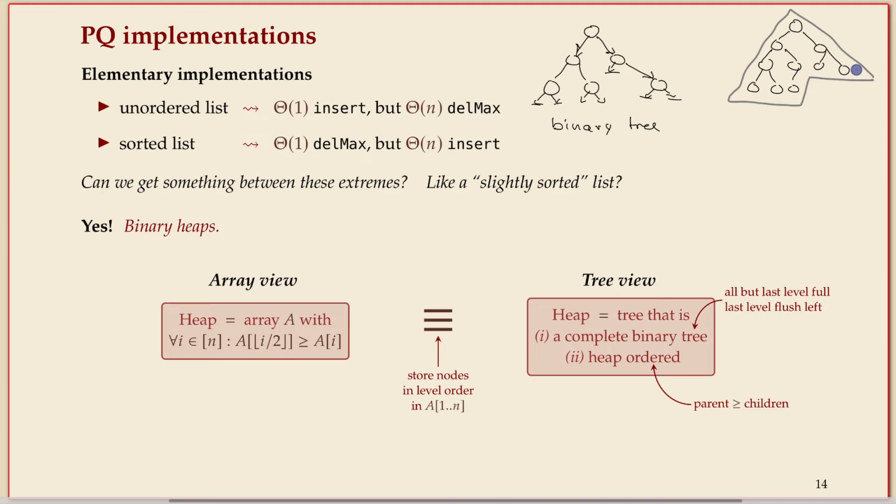We want up to the penultimate level, every node has exactly two children. And then on this last level here, up to some point, they all need to have 2 children. Then there could be one node that potentially has just a left child or none, and then the rest have no children. Okay? That's what we mean by a complete binary tree.